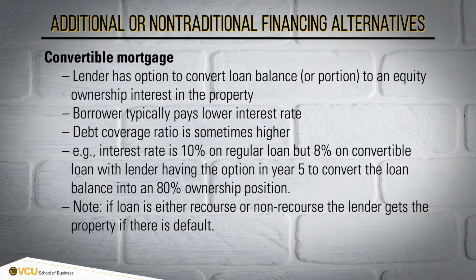The first one I'm going to talk about is a convertible mortgage. In a convertible mortgage, the lender has the opportunity to convert some or all of an outstanding balance at some specified period of time from debt to equity.